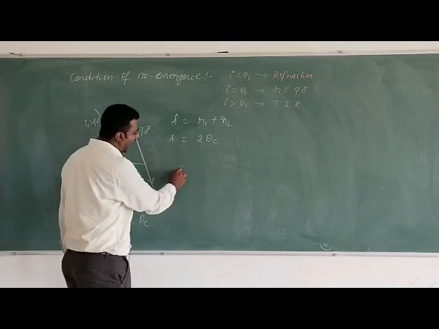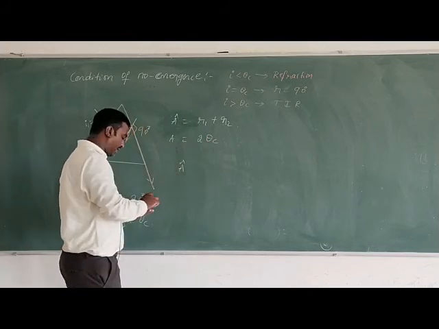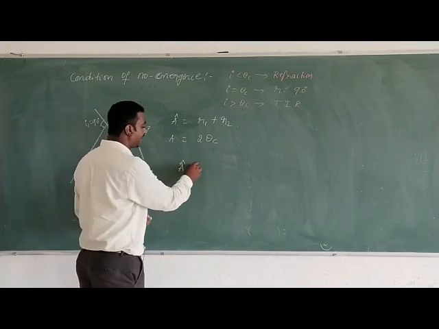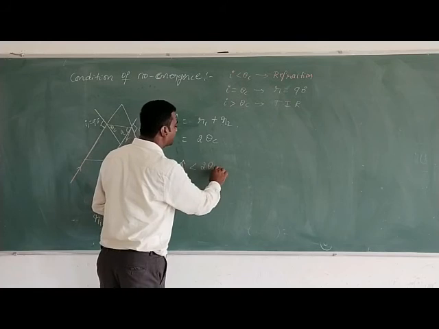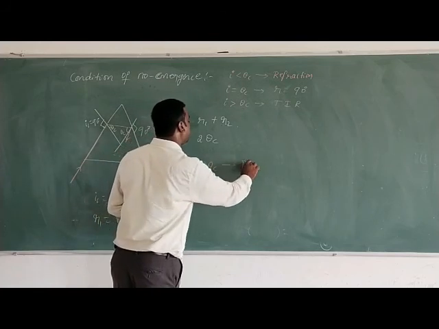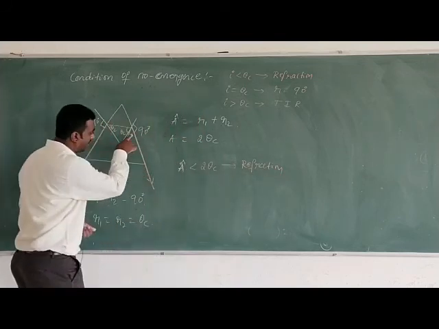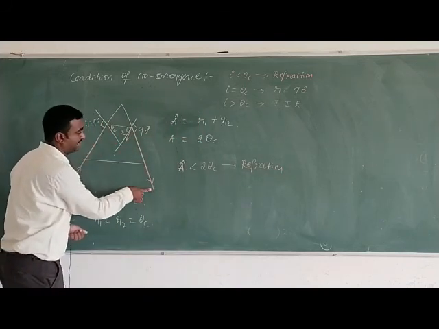An important point to remember: if the angle of the prism is lesser than 2 theta c, the light ray is refracted, that means it grazes the surfaces.